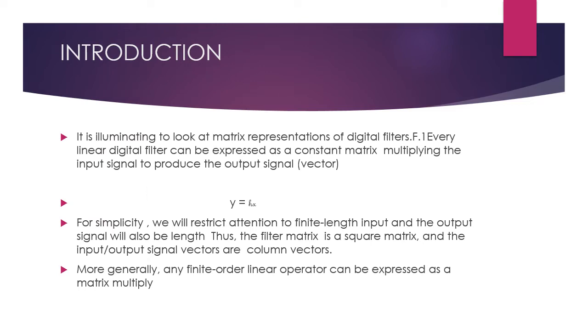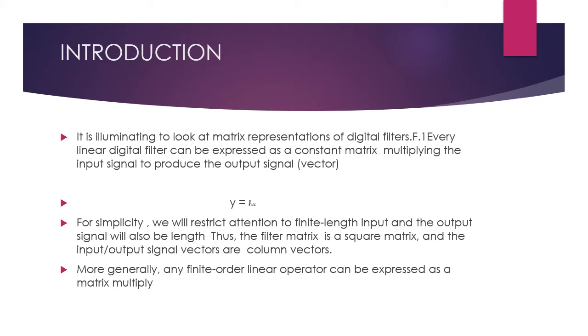Let us know about the introduction. It is enlightening to look at the matrix representation of digital filters. Every linear digital filter can be expressed as a constant matrix multiplying the input signal vector to produce the output signal vector.